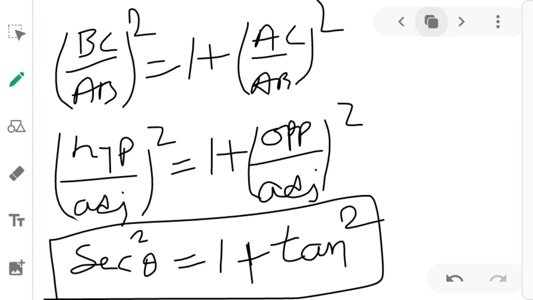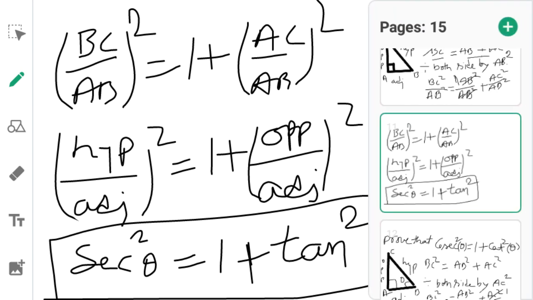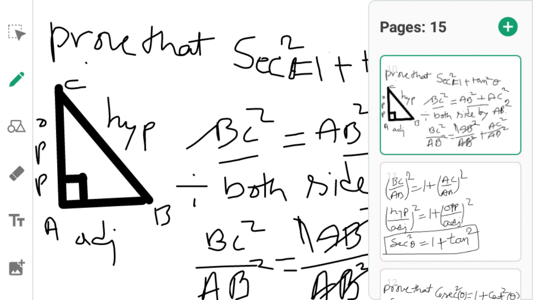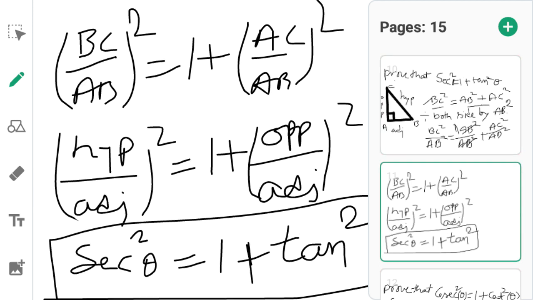By observing the diagram, you can see AB is adjacent, AC is opposite, BC is hypotenuse. Once again, AB is adjacent.